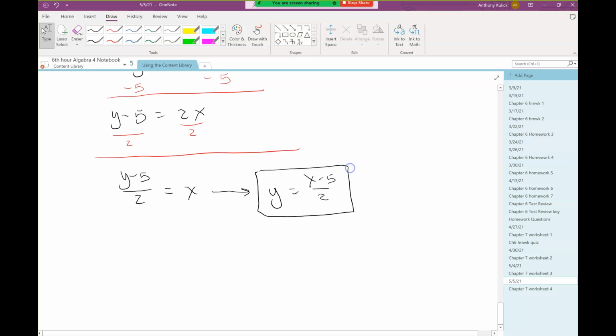So let's do an example now that includes an exponential or a logarithm.